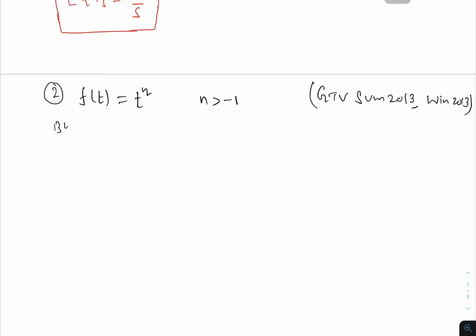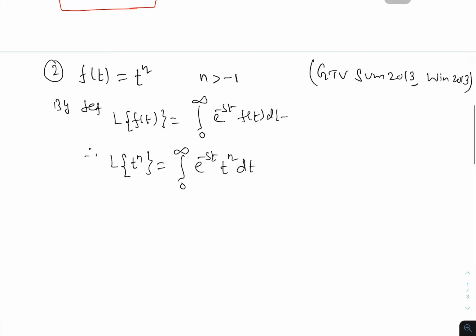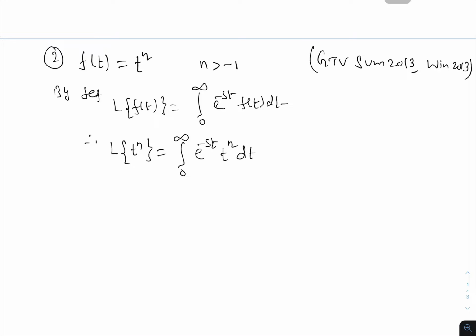So again, by definition, the Laplace transformation of f(t) is equal to the integration from 0 to infinity of e power minus st f(t) dt, and therefore the Laplace transformation of t power n is equal to the integration from 0 to infinity of e power minus st t power n dt. Now let us solve this integration.